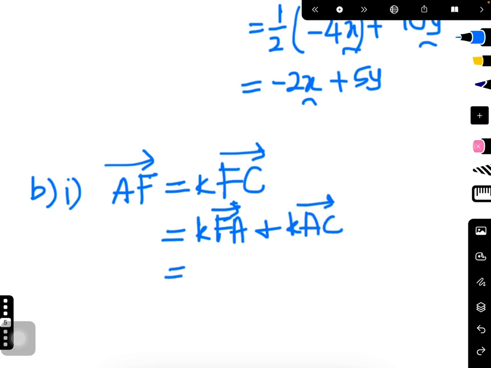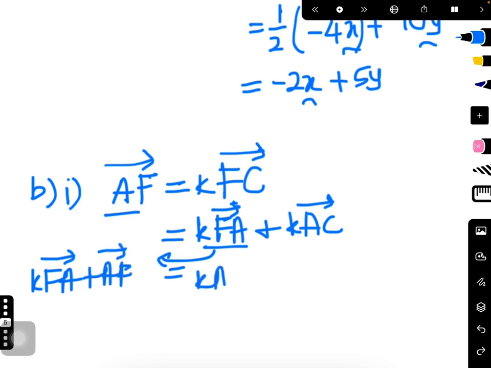Okay, we have this AF and we have FA. So firstly we change it into negative KAF plus. Before we change it, we can move it to the other side. KFA plus AF equals KAC.